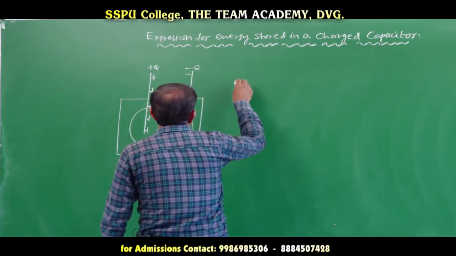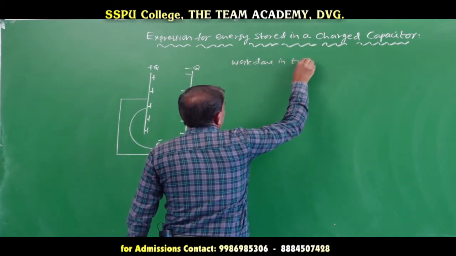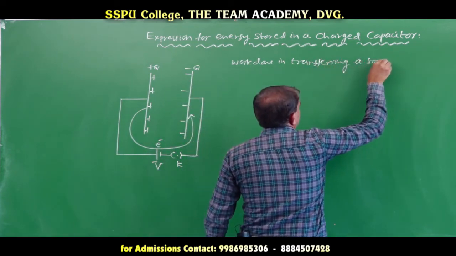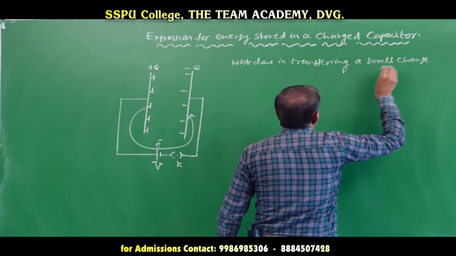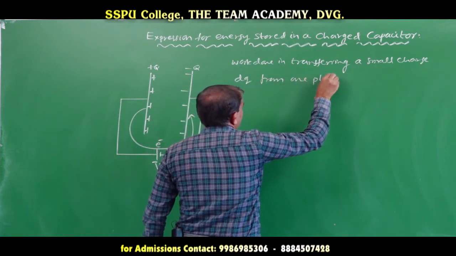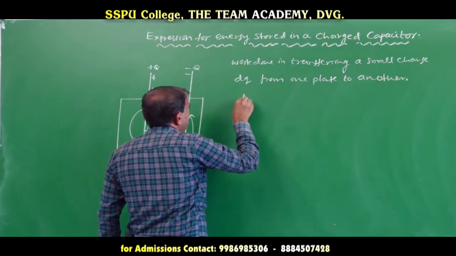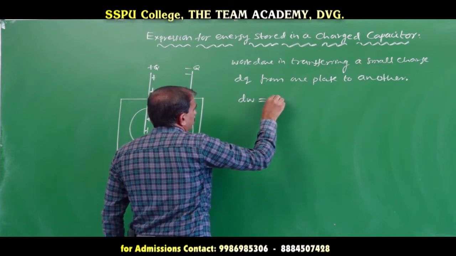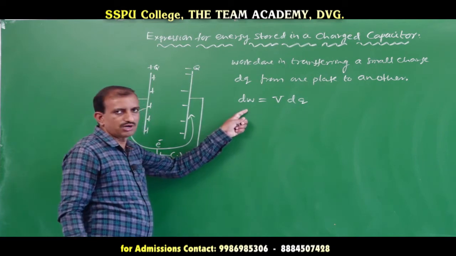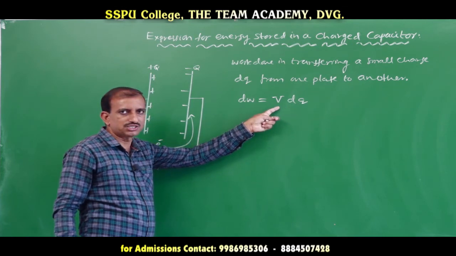The work done dW is equal to V into dq. This is the small work done in transferring a small quantity of charge dq against the potential V volt.